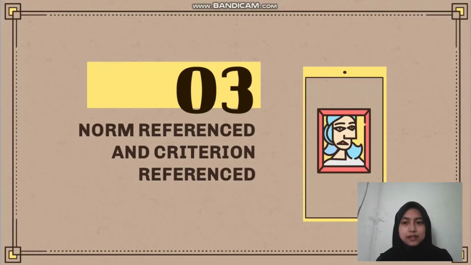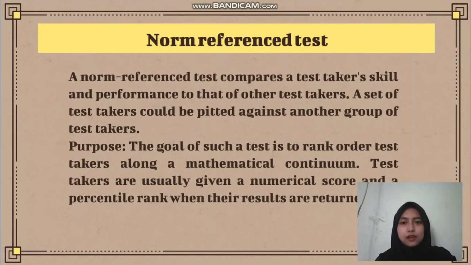Okay, number 3 is norm reference test and criterion reference test. A norm reference test compares a test taker's skill and performance to that of other test takers. A set of test takers could be pitted against another group of test takers.